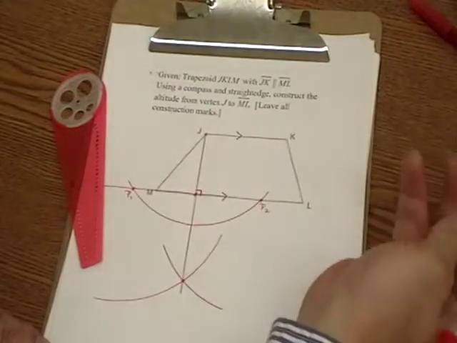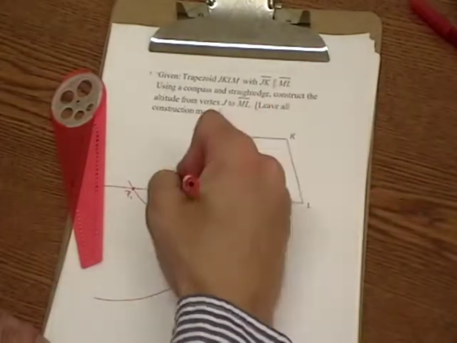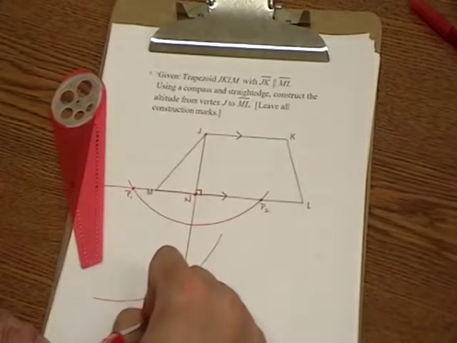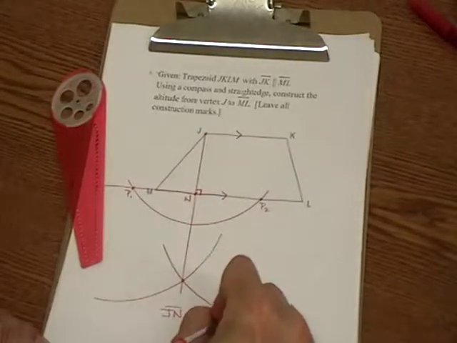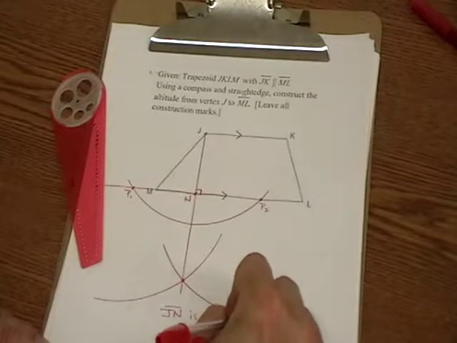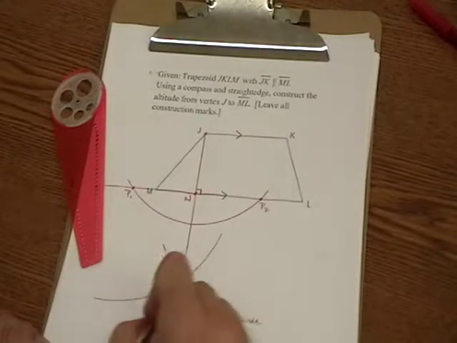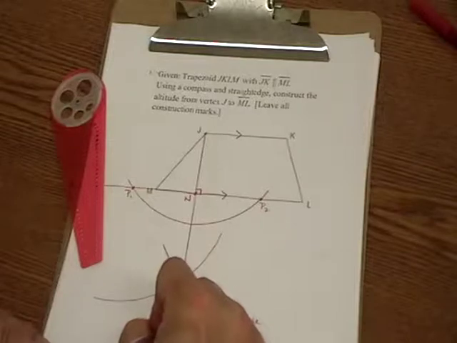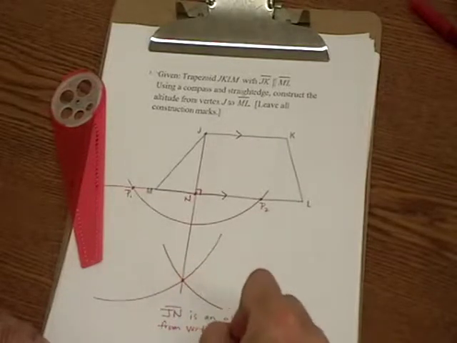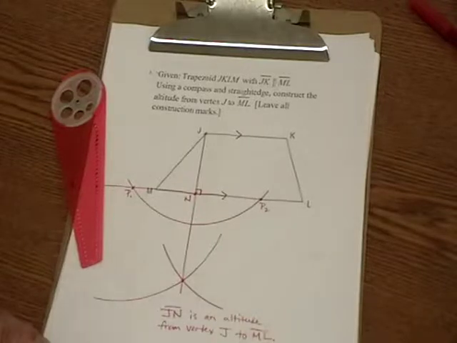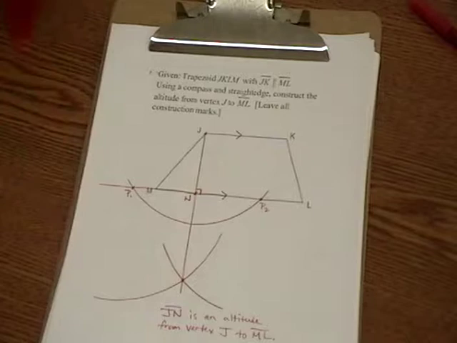Now we'll call this N. So JN is an altitude from vertex J to ML. Basically, you have to know an altitude is perpendicular to the opposite side.